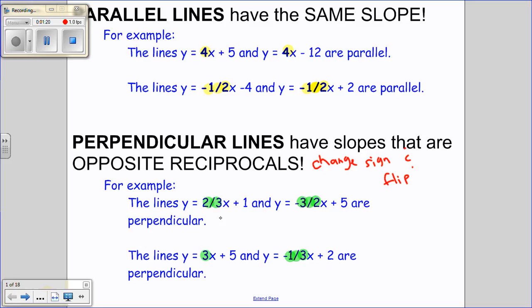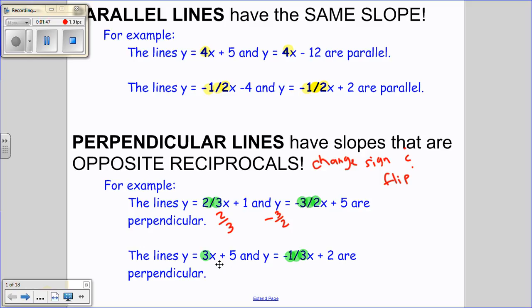So the lines y equals 2/3 x plus 1 and y equals negative 3 over 2x plus 5 are perpendicular because 2 over 3 is the first slope, and when you change the sign it becomes negative and you flip it, so the 3 goes on top. That's what we mean by opposite reciprocal: change sign and flip.